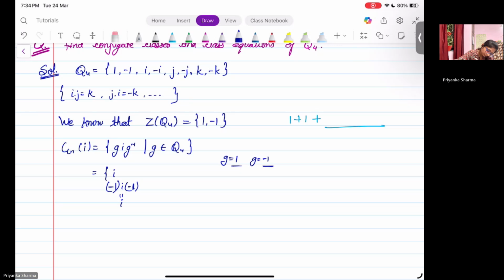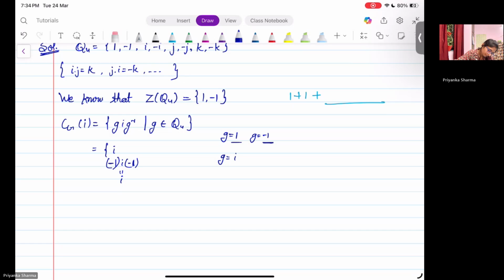Now, what if G is I? We will get I, and here we will have I inverse. What is the inverse of I? That is minus I. Now I times minus I is minus I squared, that is 1.